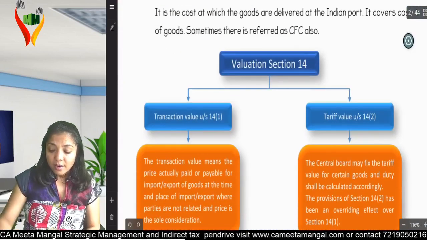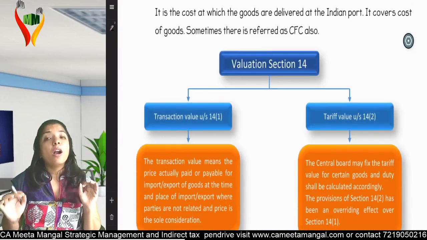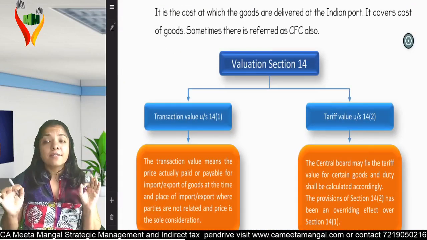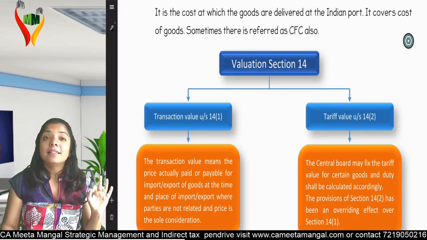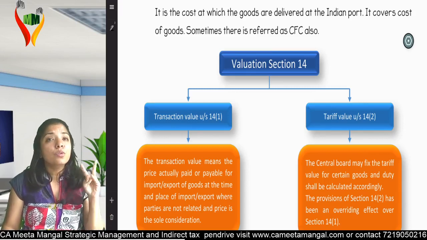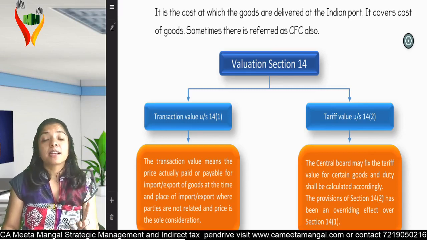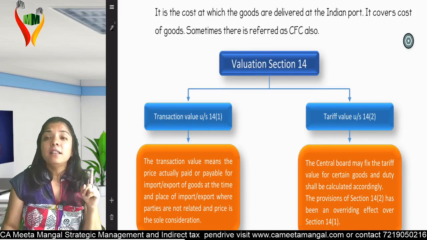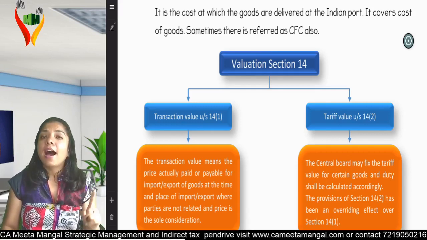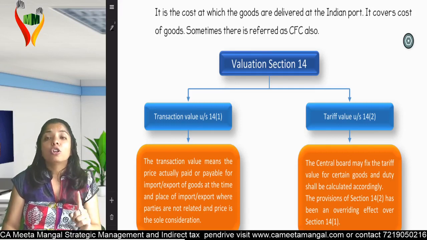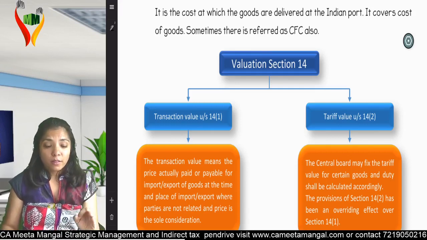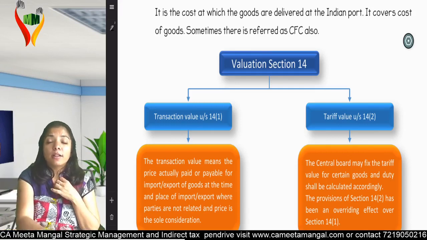Now let's come to valuation. For valuation, we have section 14, and section 14 has two subsections, 14(1) and 14(2). 14(1) talks about transaction value, and 14(2) talks about tariff value. Let's understand what is transaction and what is tariff.